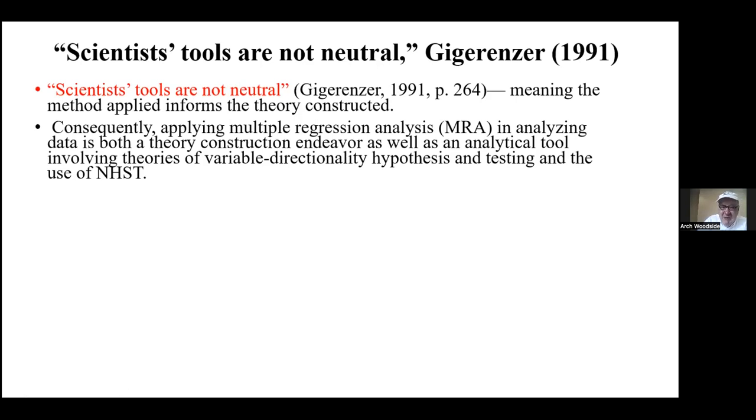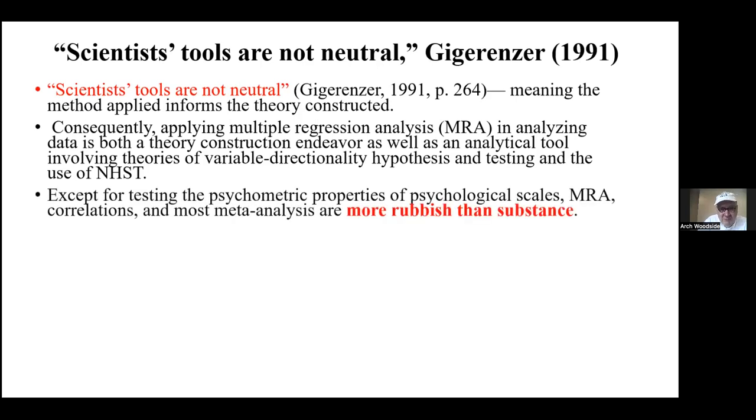Now, I'm not saying not to do it, but I'm saying to do it to show reviewers that you can do it and point out that it's not sufficient, and then do something really good in your analysis, such as case level modeling. So we'll go back to that point in a couple of minutes.